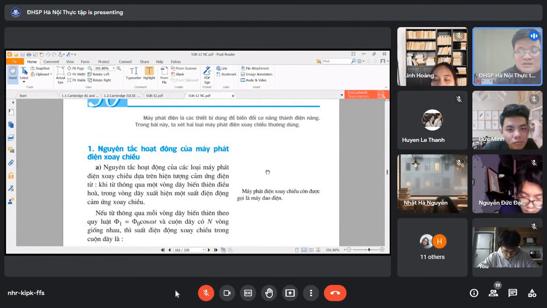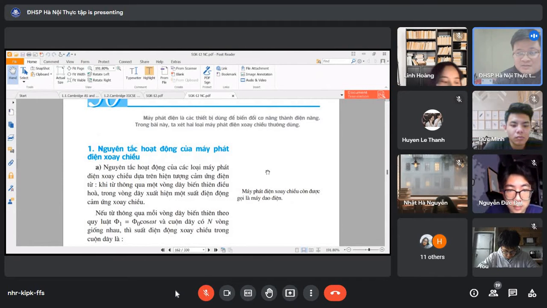So what is the mechanism behind how electrical generators can create electricity? The mechanism or principle behind it is electromagnetic induction.